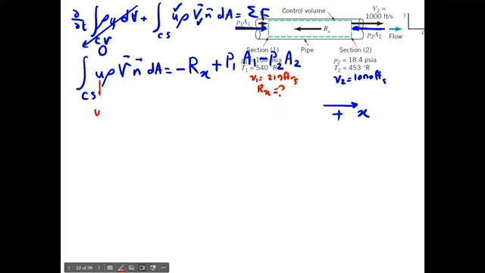This one I will write U1 because cross section number 1 multiplied by this rho, this V, this area reminds me of m dot because m dot is rho VA, plus I have another section U2 m dot 2 equal to the same that I have here.